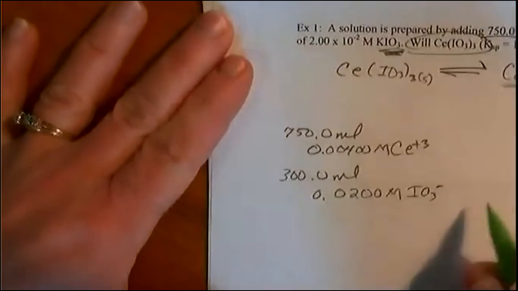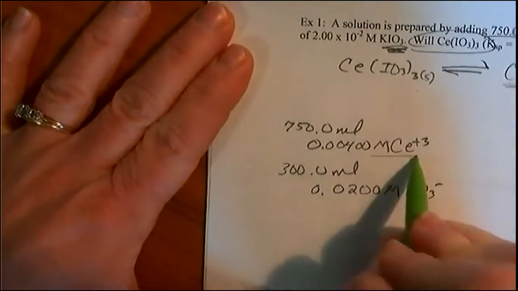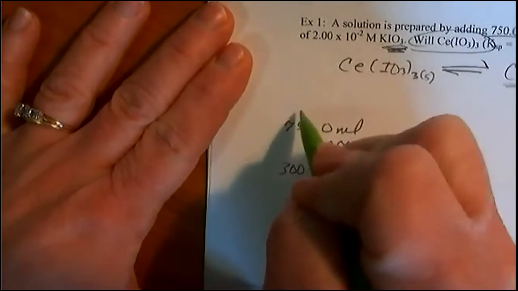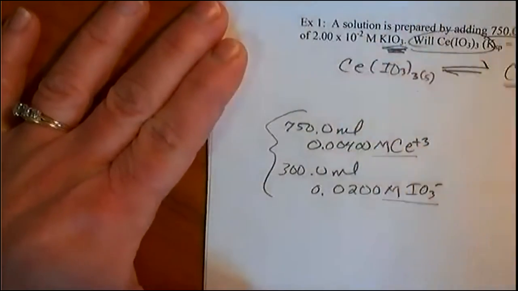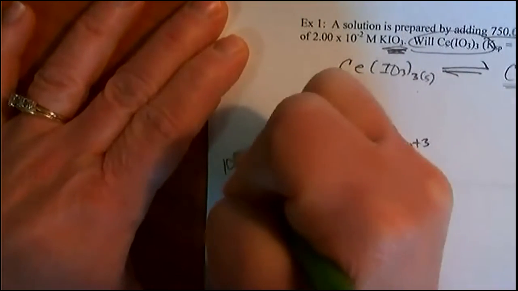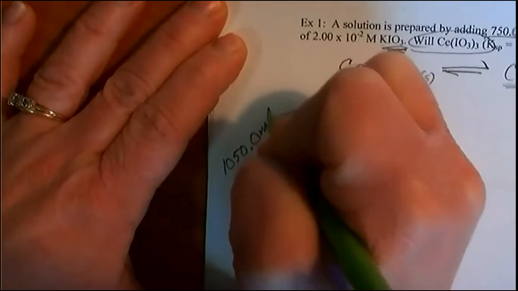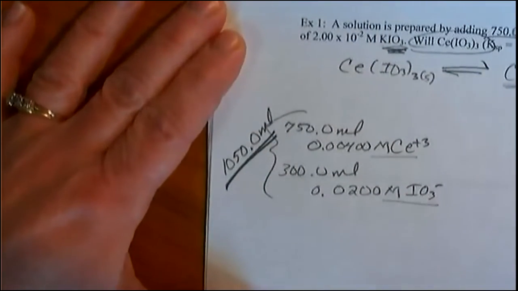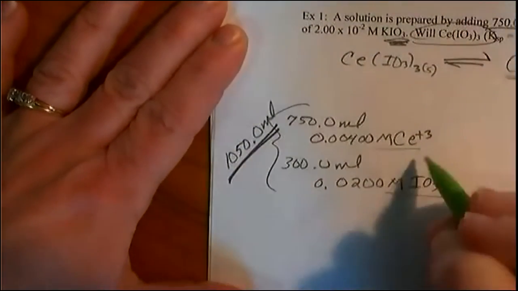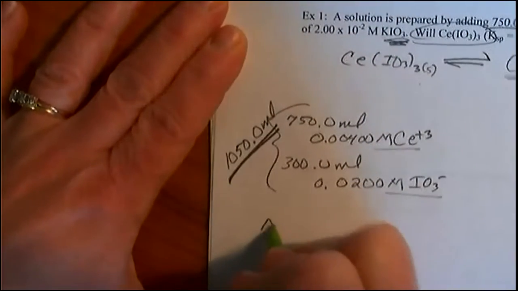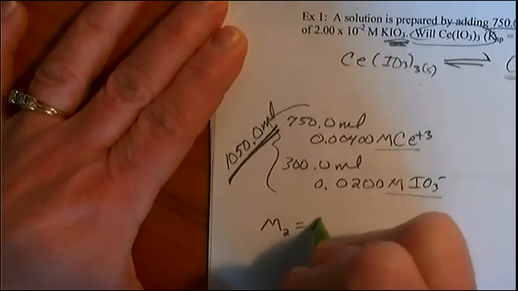All right, now what I need to find out is, well, what is my concentration of each of these when I've combined them, and I'll now have that total volume. So it's up to you. In essence, we're diluting. And so if you want, we could apply the dilution equation.